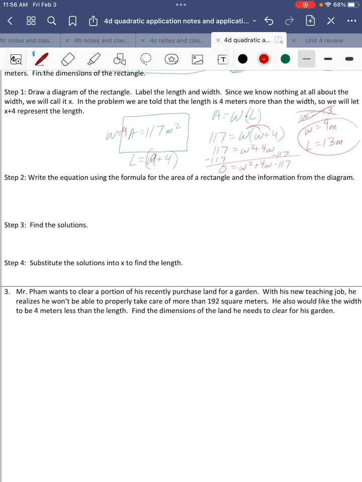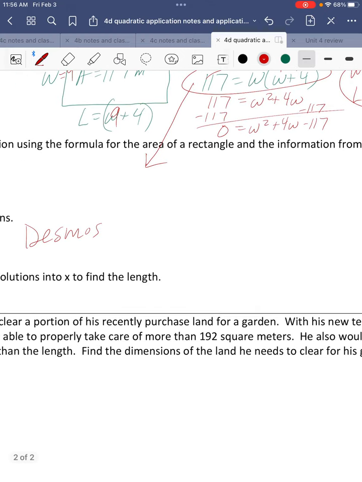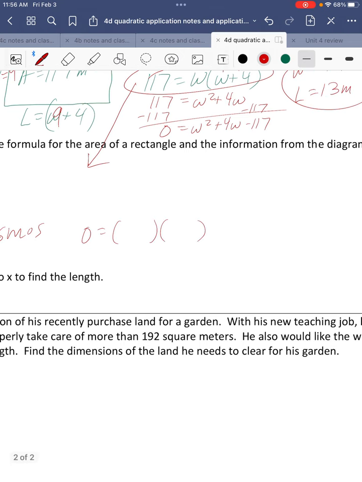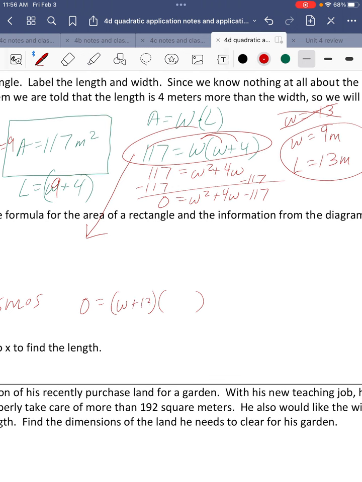I did all that in step 1. Write the equations using the formula. Here we go, that's here. Find the solutions. I'd use Desmos. If you didn't use Desmos and you wanted to factor it, you certainly could. The factors would end up being w plus 13 and w minus 9.